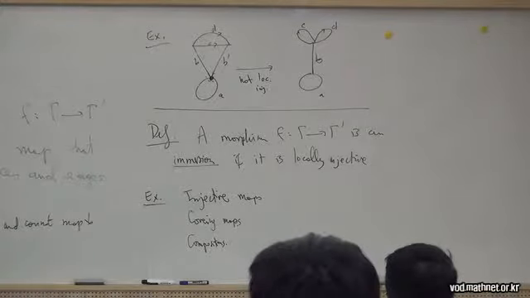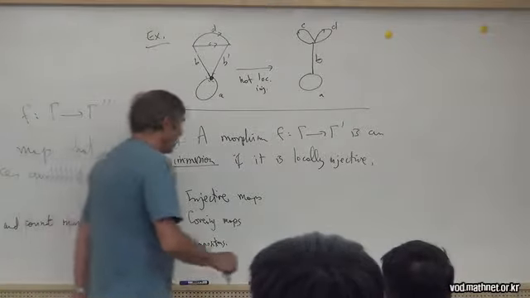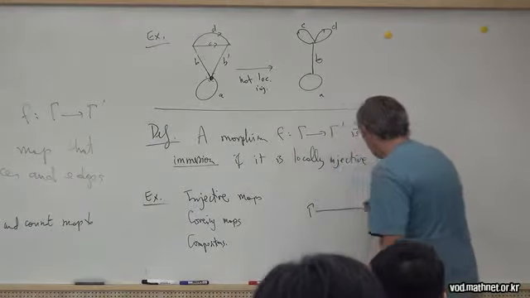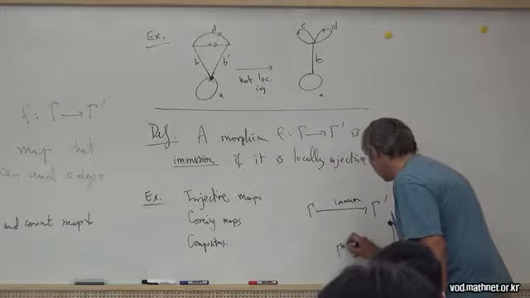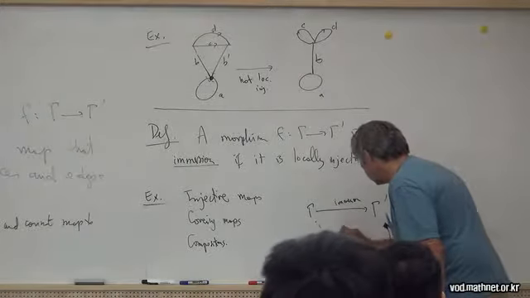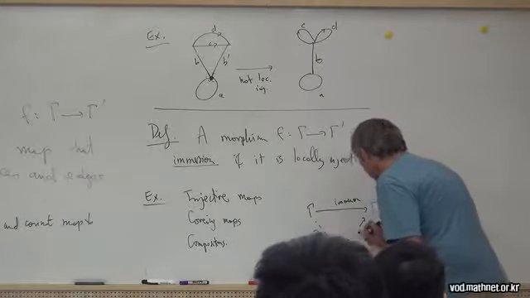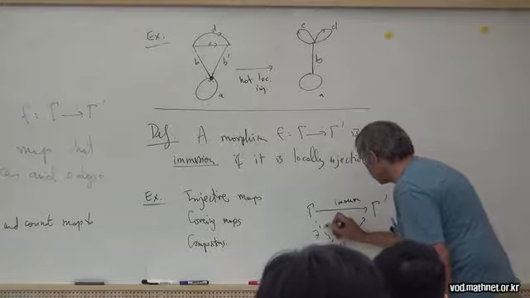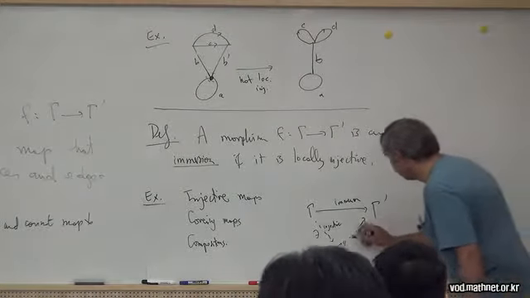Okay, so every immersion is going to be a composition of one. So if I give you an immersion, so this is the fact. If this is an immersion, then there exists a factorization like this, where this first map is injective and the second map is a covering map.